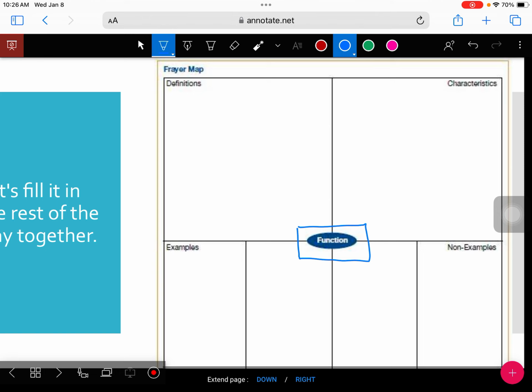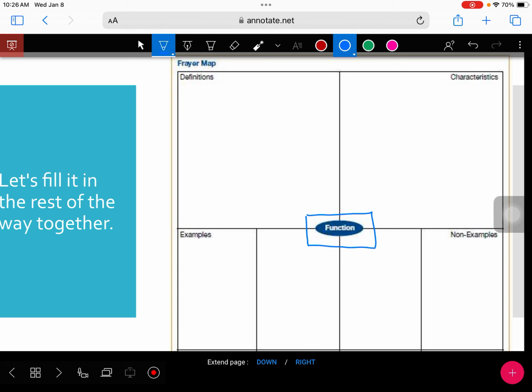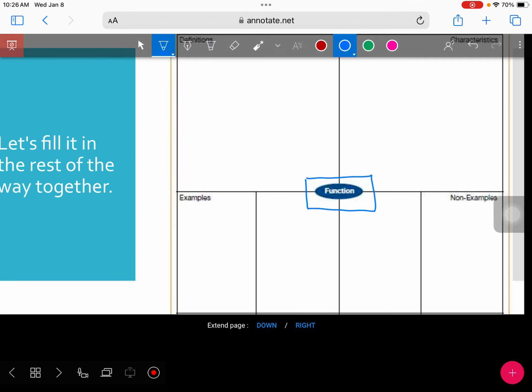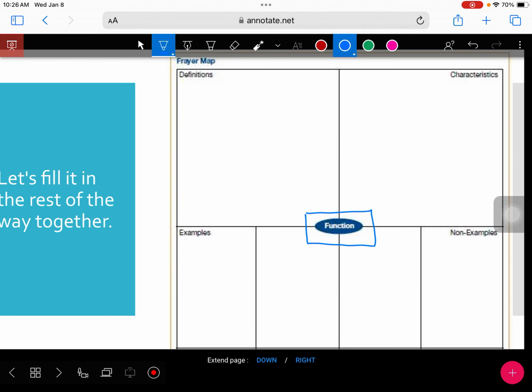I want you to either come up with your own definition or Google a good definition for a function. I want you to give me some characteristics of the function and maybe give me some examples or non-examples. Okay? So fill in this page on page 3 a little bit on your own by Googling function.